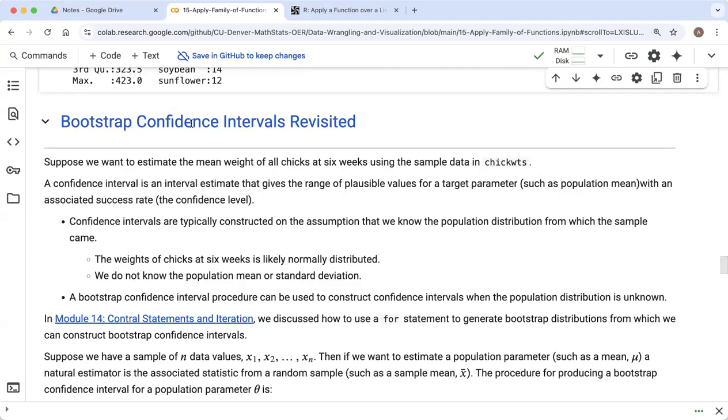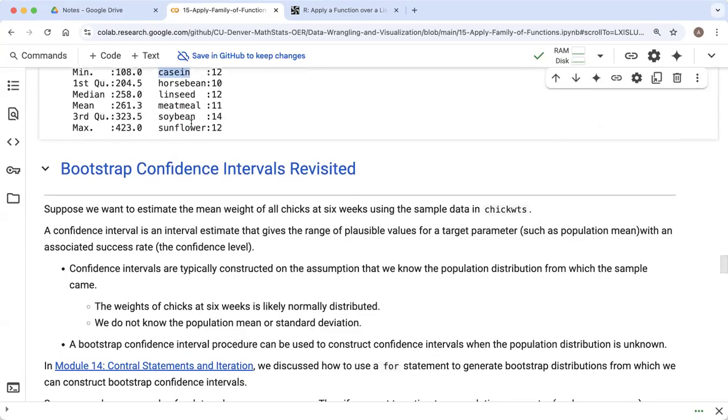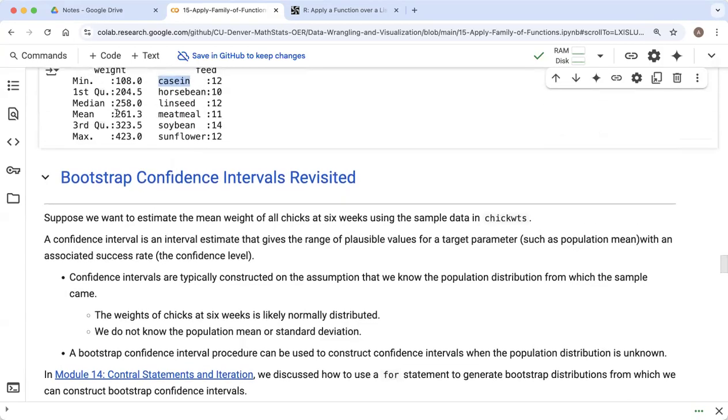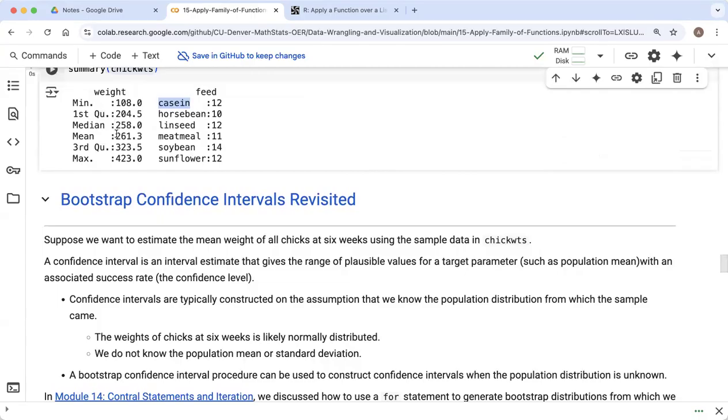And from our sample of 71 chicks, what would be a good estimate for the mean weight of all chicks at 6 weeks? So we could take our sample of 71 observations. We see that the mean is 261.3 grams.